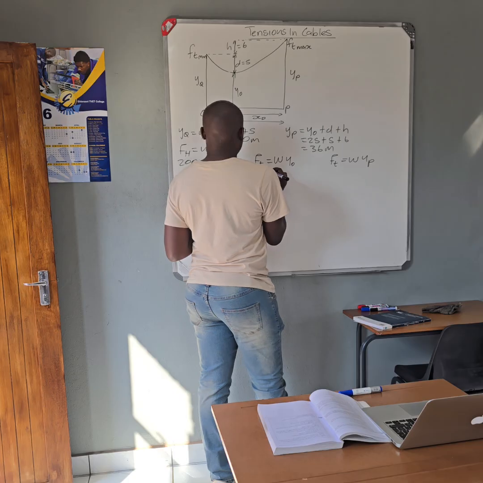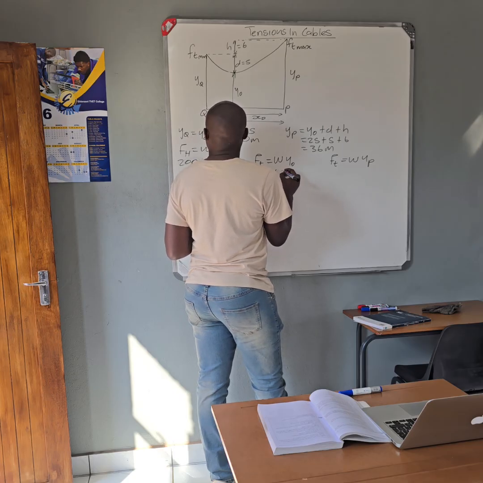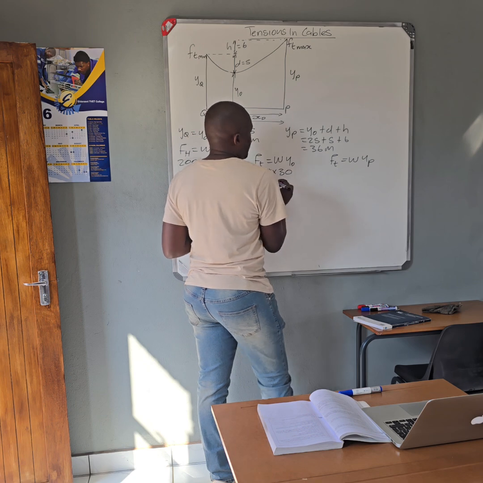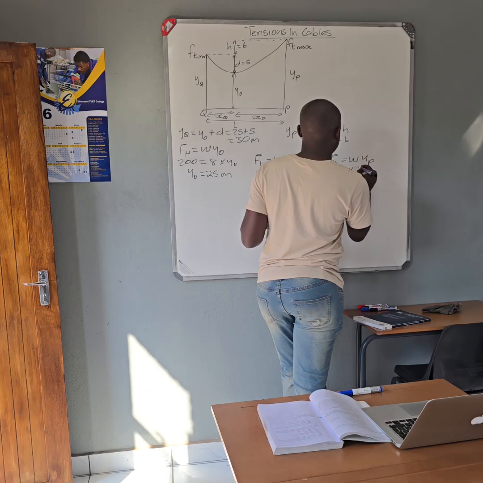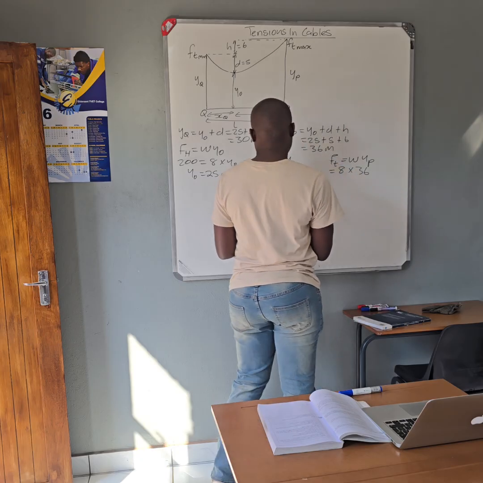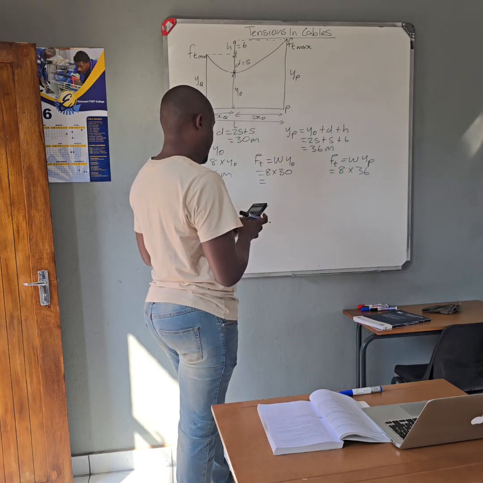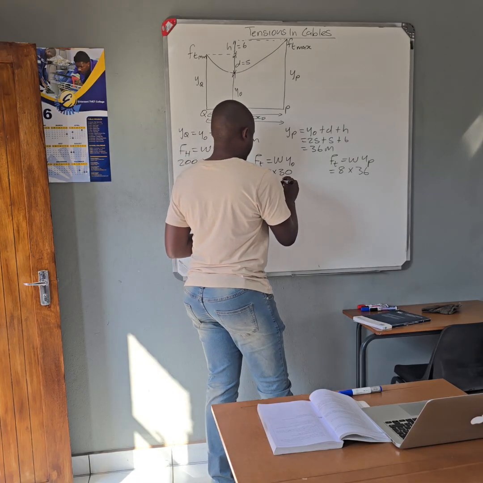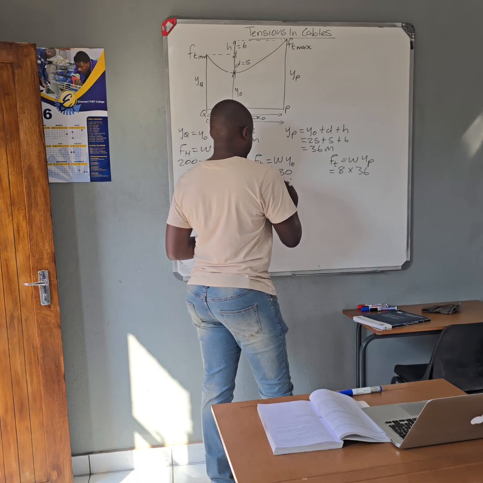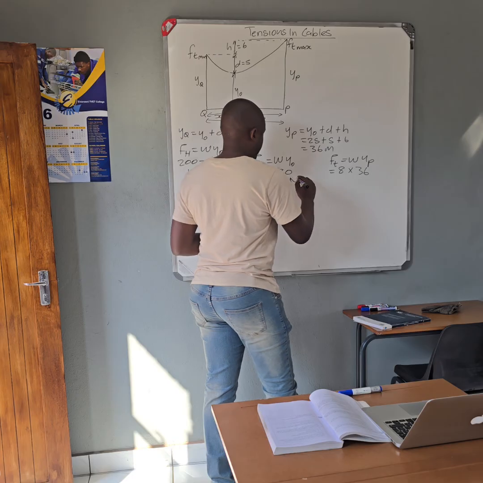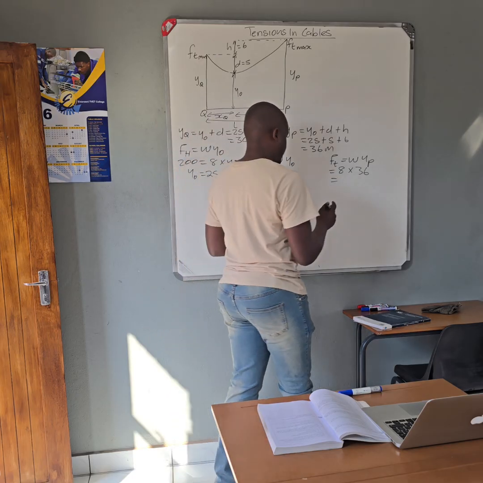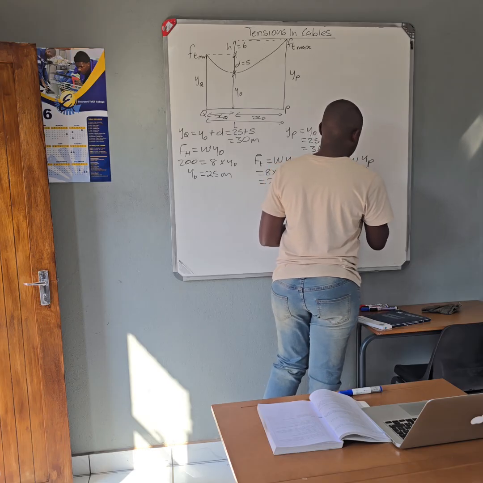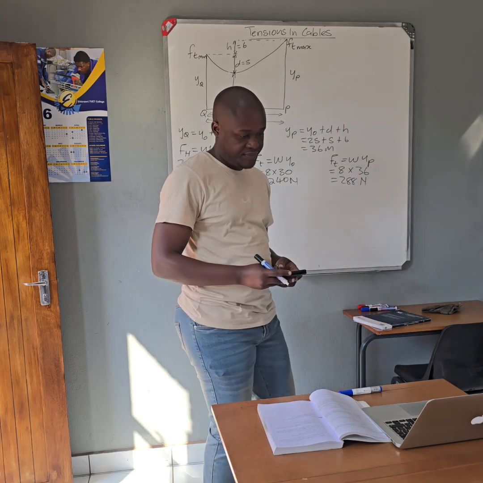So this side is going to be 8 multiplied by 30, and then this side you are going to get 8 multiplied by 36. So 8 multiplied by 30, you get 240 newtons. And this side, 8 multiplied by 36, you get 288 newtons.